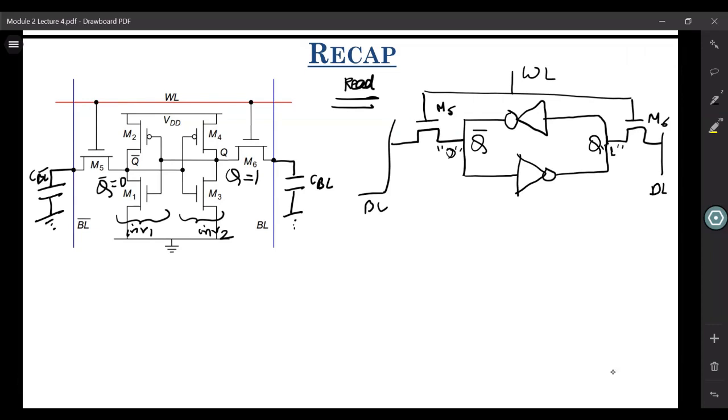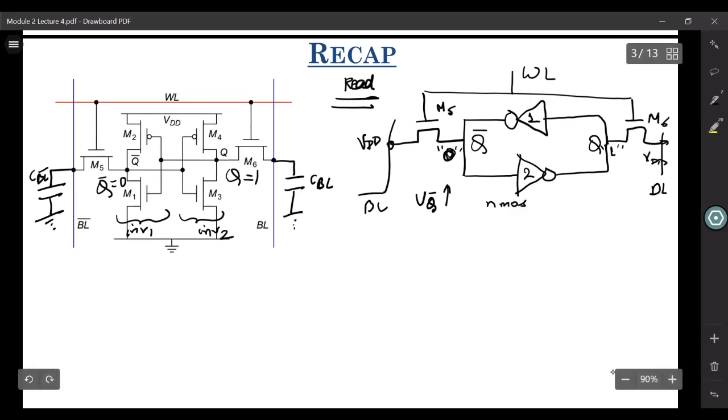Okay, now during read operation, what happens is we pre-charge this bit line and bit line bar to VDD. So we have VDD over here, we have VDD over here. And then what happens is, just because this node is VDD and this node is 0, this access transistor tries to pull this VQ bar up, while the NMOS of this inverter 1 tries to pull VQ bar down.